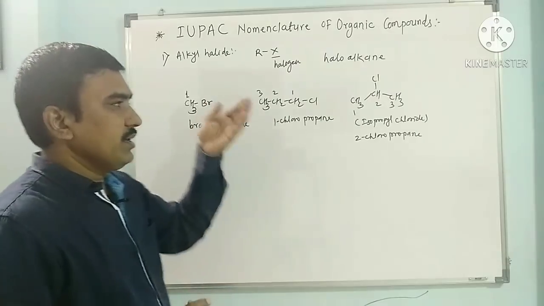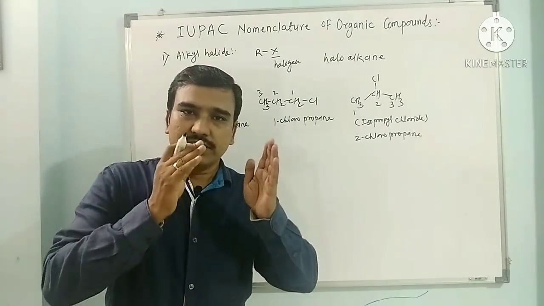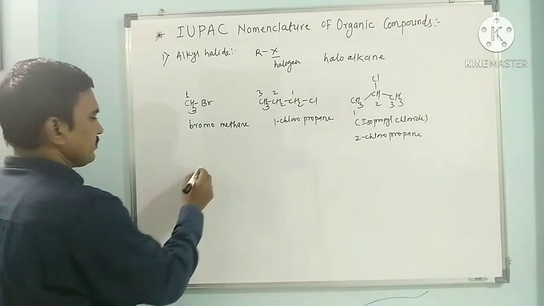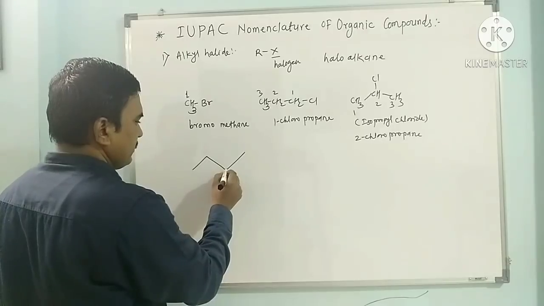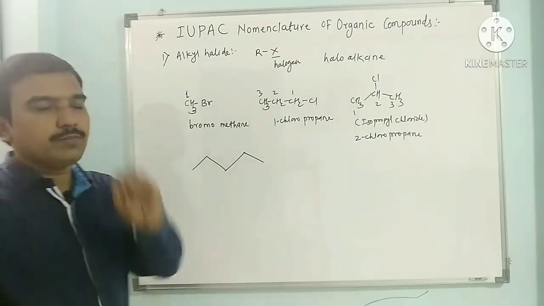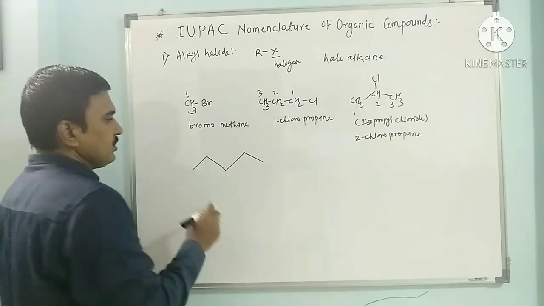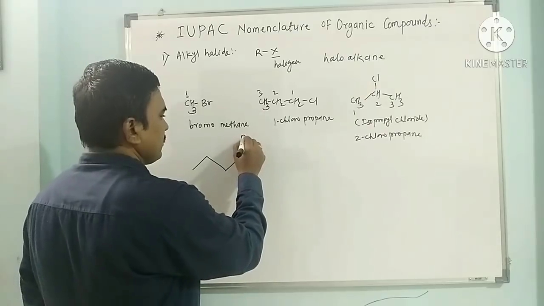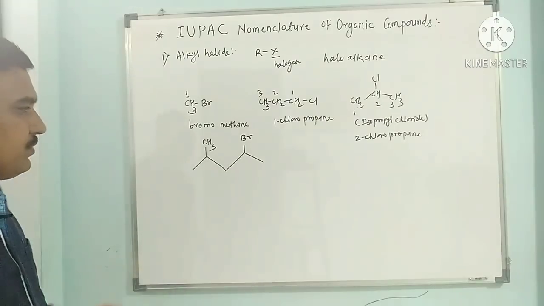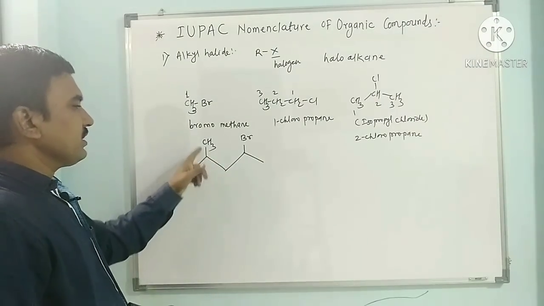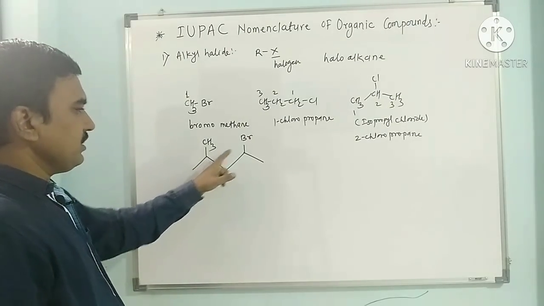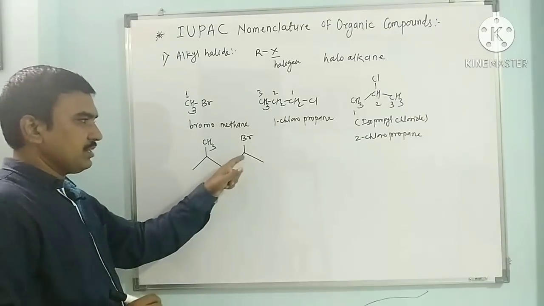If halogen and alkyl group is getting same number, then priority goes to the halogen. Means if we have this skeleton 1, 2, 3, 4, 5. So 5 carbons are there, means it is pentane. So here this is having Br and here it is having methyl. So if we start numbering from this side, second carbon goes to methyl and fourth number goes to the carbon having bromine.